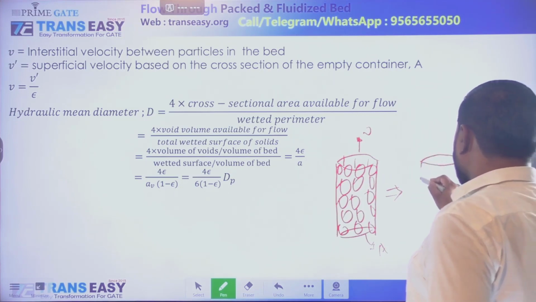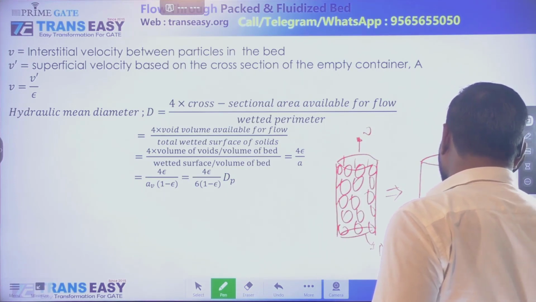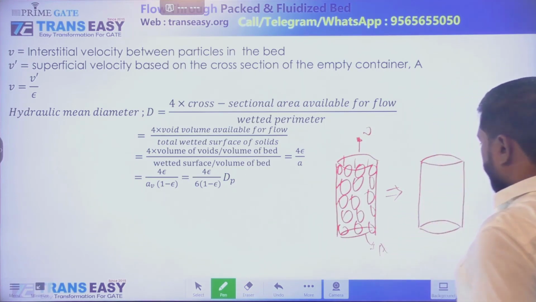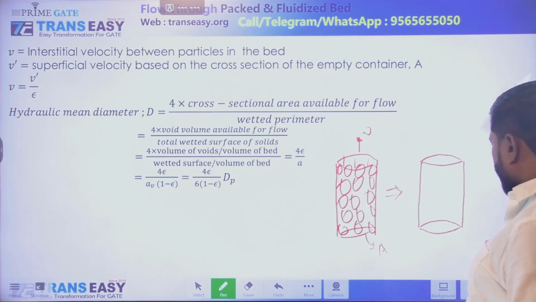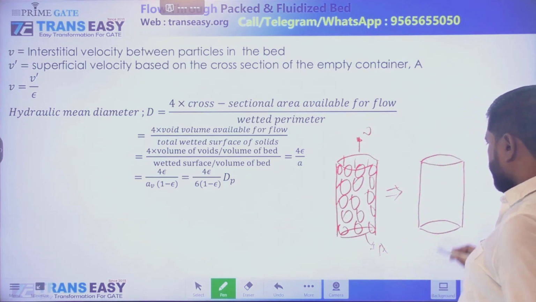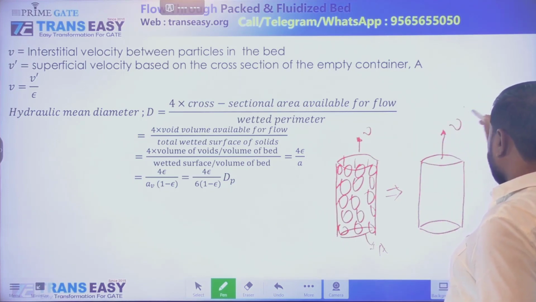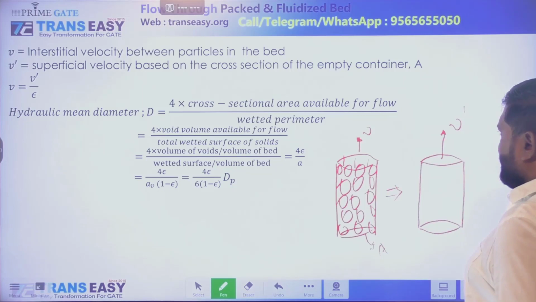The whole cross-sectional area is available for flow in the case of an empty container, right? So this velocity is called the superficial velocity, and it is defined on the basis of the cross-section of the empty container.